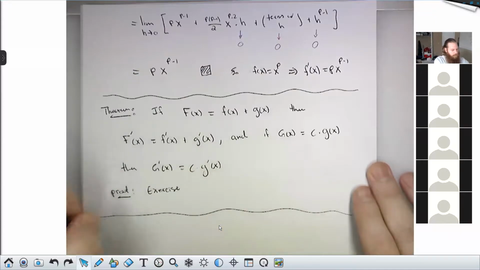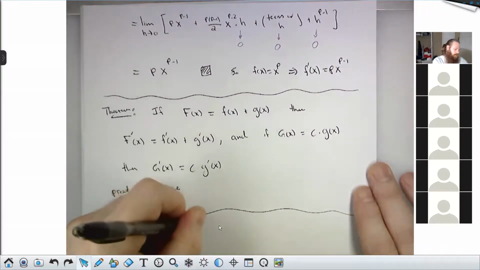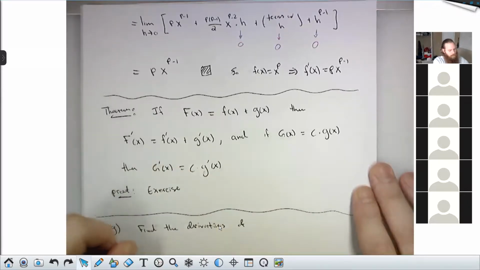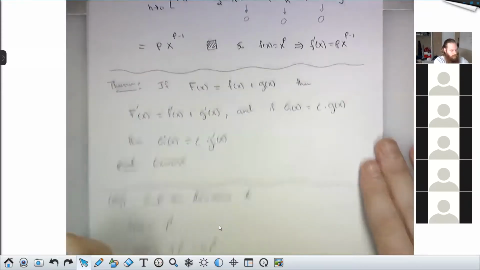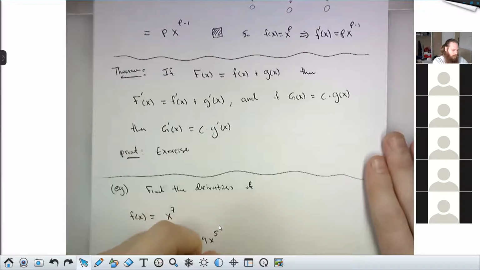So let's work an example. So let's find the derivatives of f of x equals x to the 7, g of x equals 2x cubed minus 4x to the 5, and h of x equals 3 minus 5 times 1 over x squared.